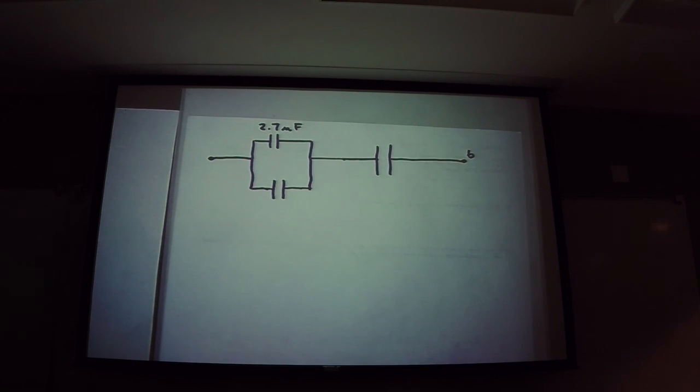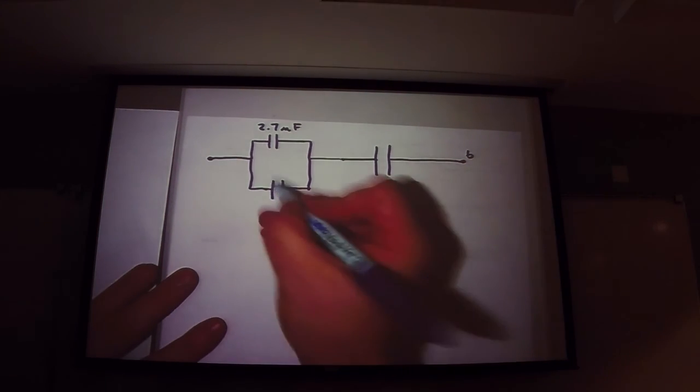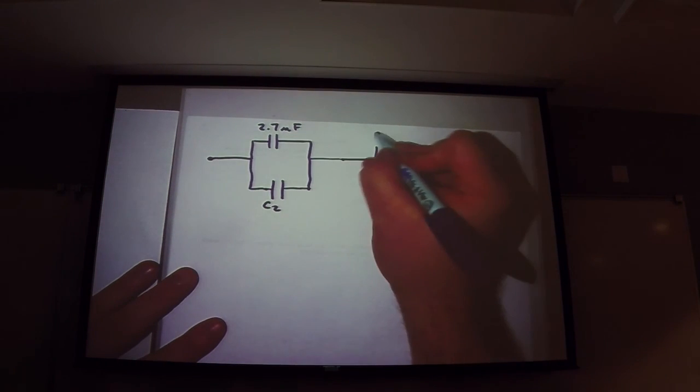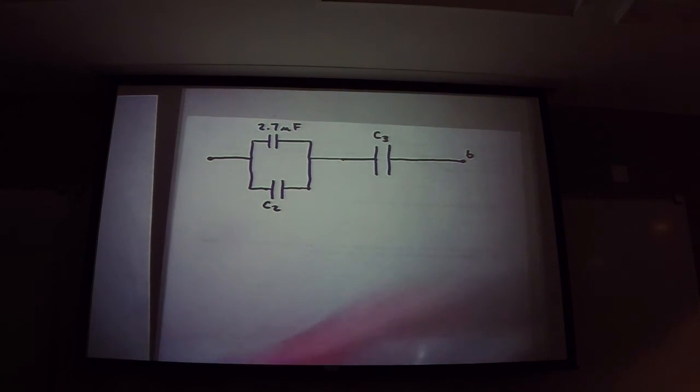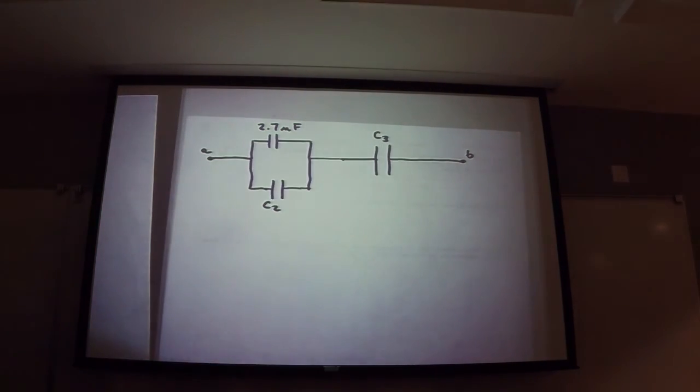So this is C2, I don't know what it is, and here's C3, which I also don't know. What I do know is that the voltage between points A and B is 100 volts.